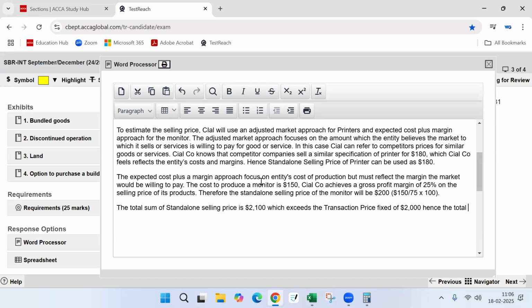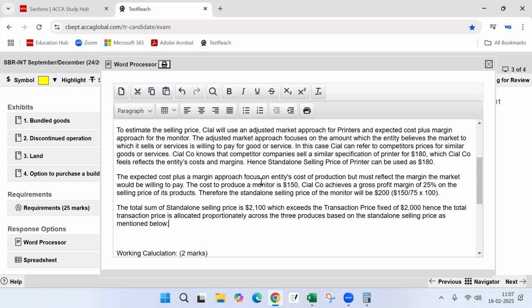Hence, the total transaction price is allocated proportionately across the three products based on the standalone selling price as mentioned below. Clear?